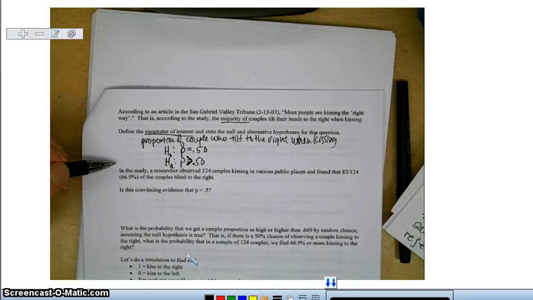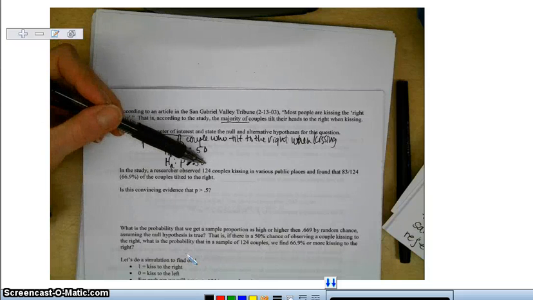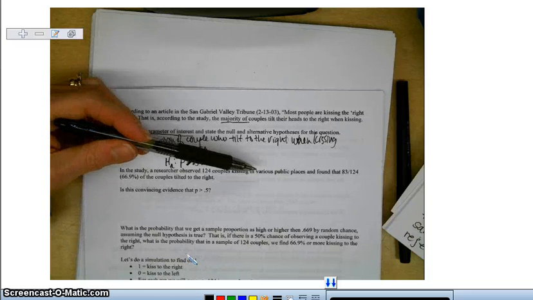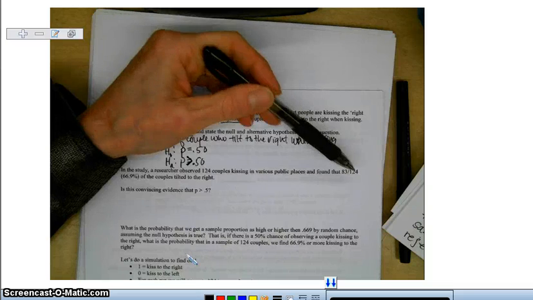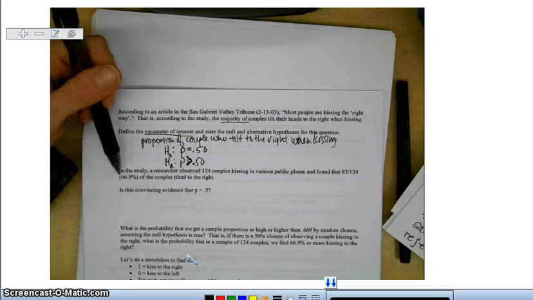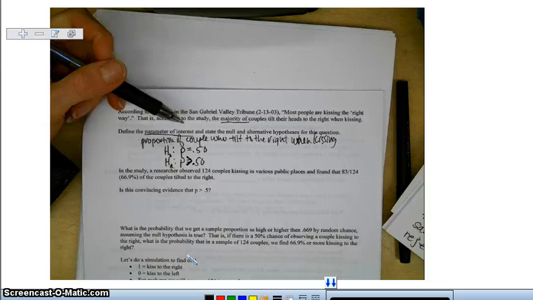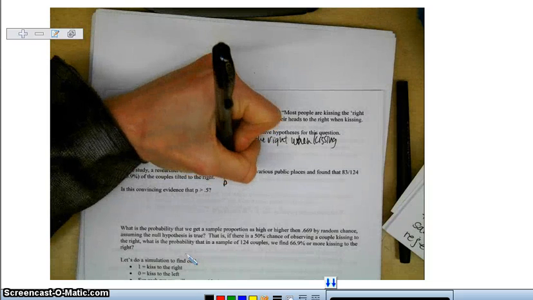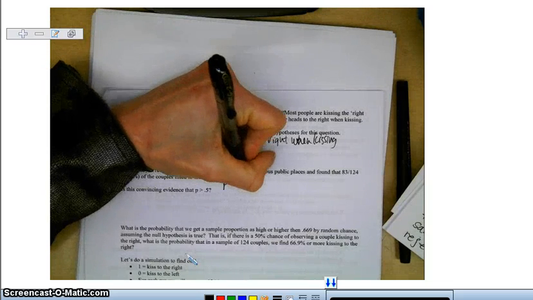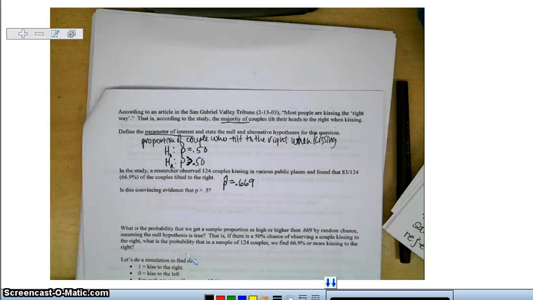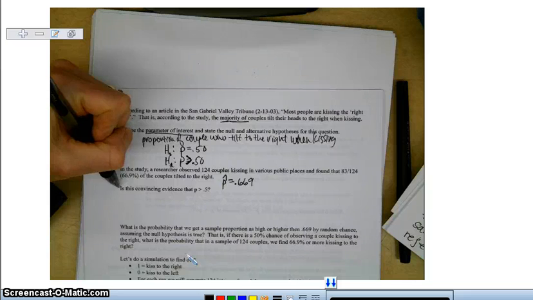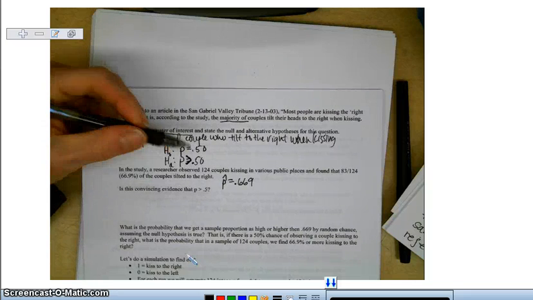So in the study, a researcher observed 124 couples kissing in various public places and found that 83 out of 124, or 66.9% of the couples, tilted to the right. So this is my p hat. My p hat is equal to 0.669. All right, so is this convincing evidence that p is greater than 0.5?